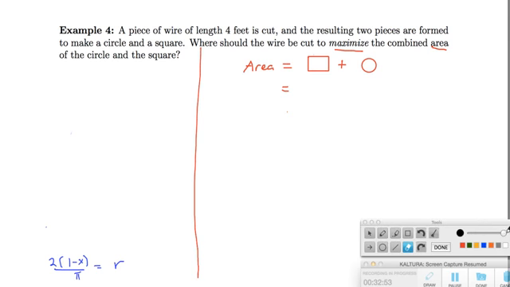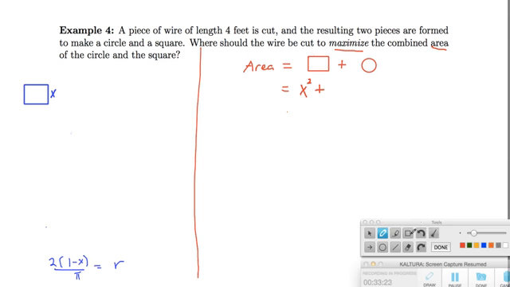Our original square had a side length of x, so the area will just be x squared because it's x times x.